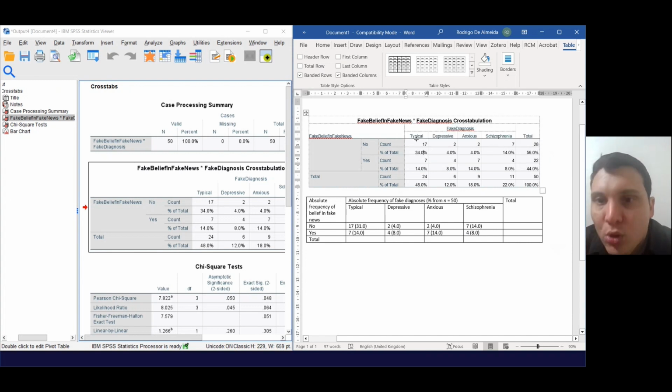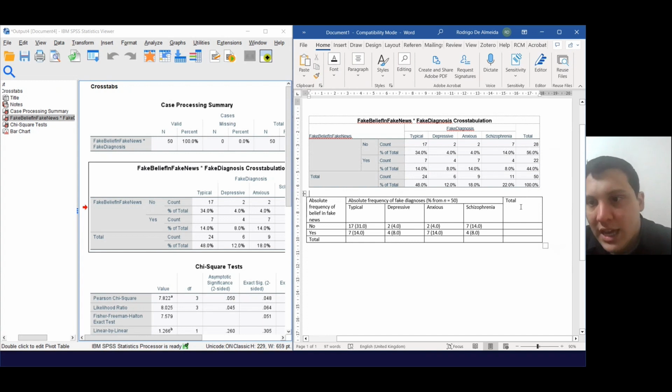34% are people who are both typical and do not believe in fake news. 4% are people who are both anxious and do not believe in fake news. These percentages being the exact intersection, it's because we used the total number of people as our source of the percentages, okay?